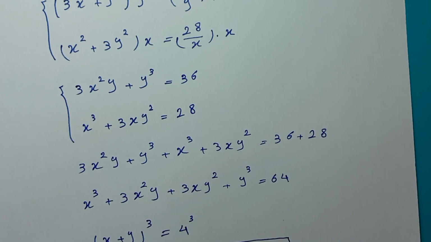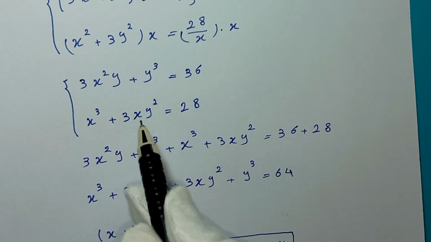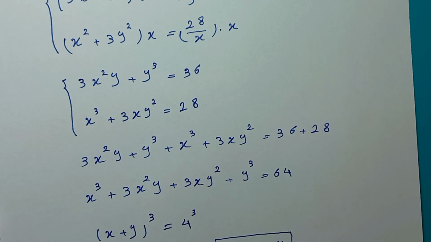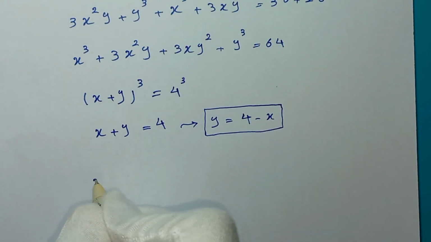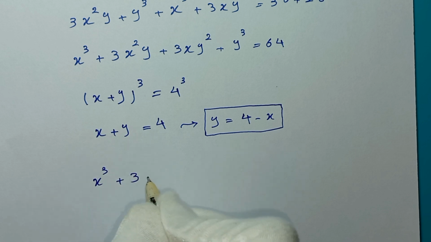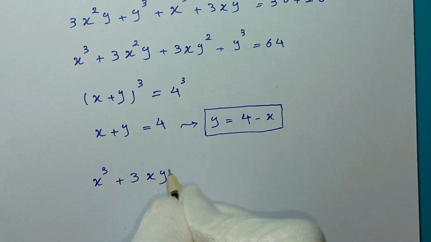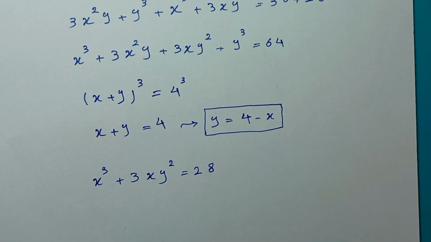In here, x cubed plus 3xy squared is 28. So we write this equation, x cubed plus 3xy squared is 28.